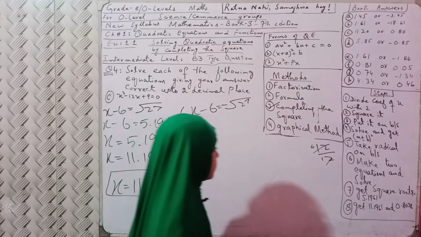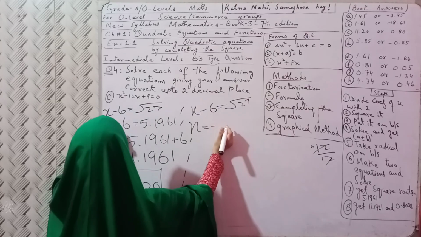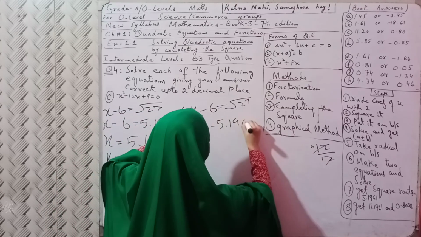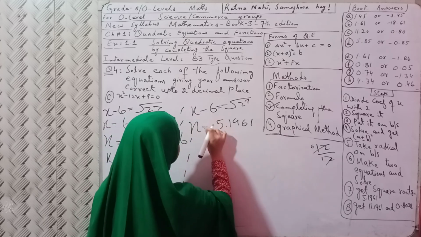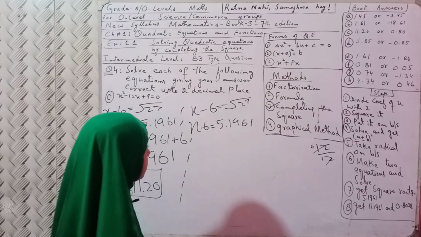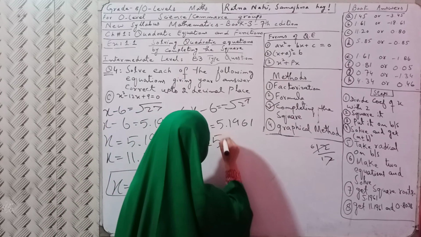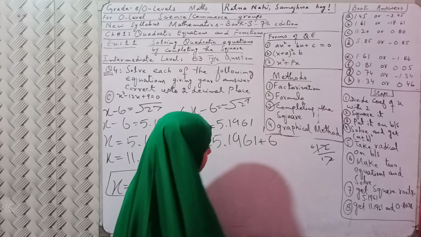So now here will come x is equal to minus 5.1961. Now this minus 6 will go there, plus 6, equal to 5.1961 plus 6.